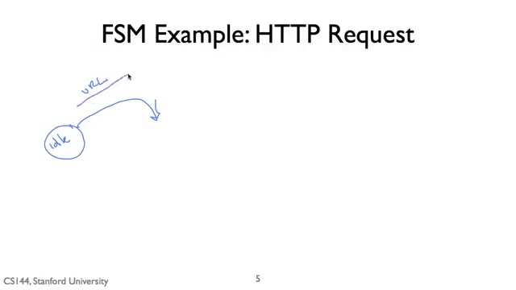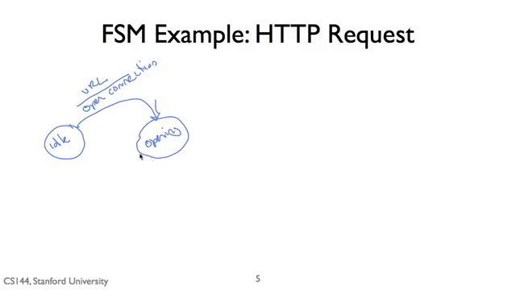The action is we're going to try to open a connection to the web server corresponding with that URL. Now we're in a second state, the opening state, and we're waiting, hopefully this connection will open.